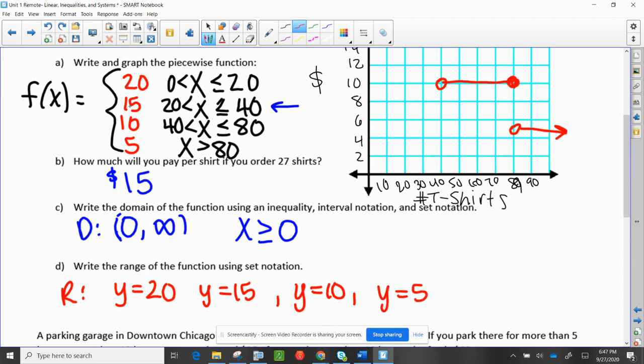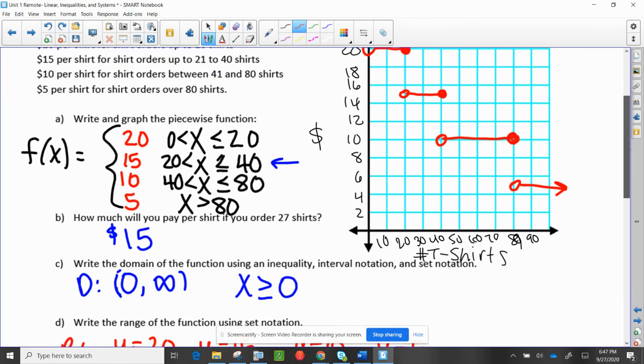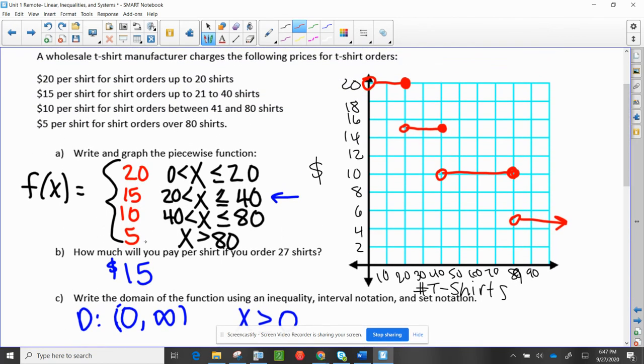We only have 4 values that are available for the range, or our y values. So you would just list your numbers from your step function there. Okay. So again, you set up your values, what you're getting from the function, and then read the problem to get those intervals. Set up a scale for your axes so you can go ahead and graph it.